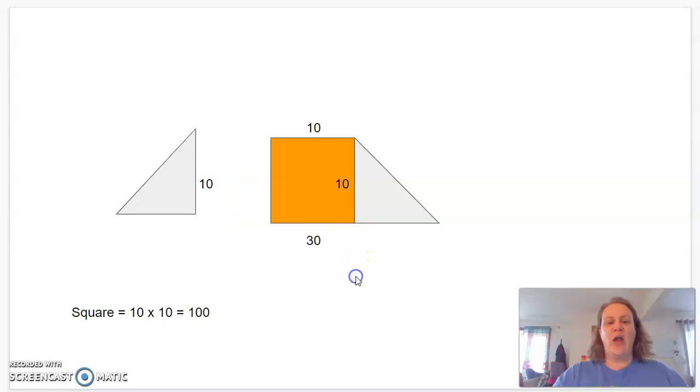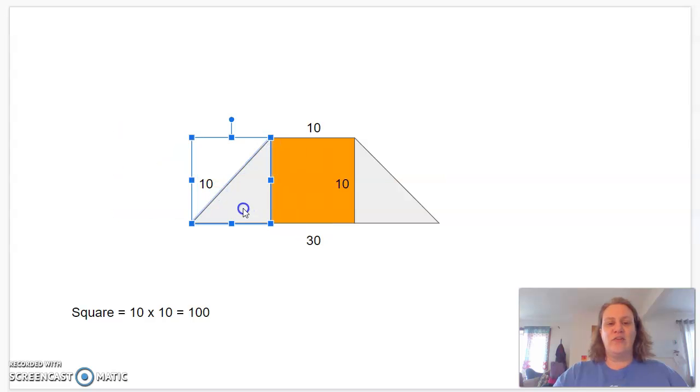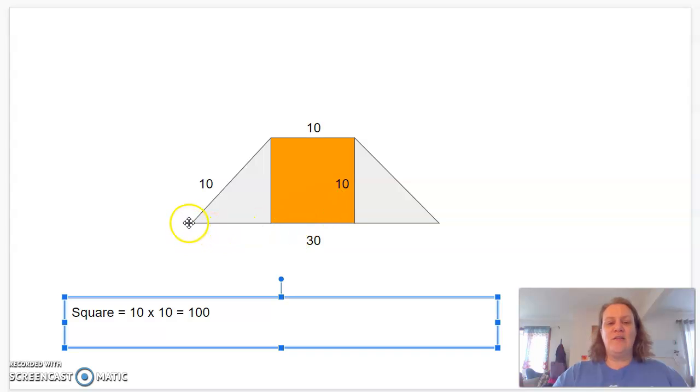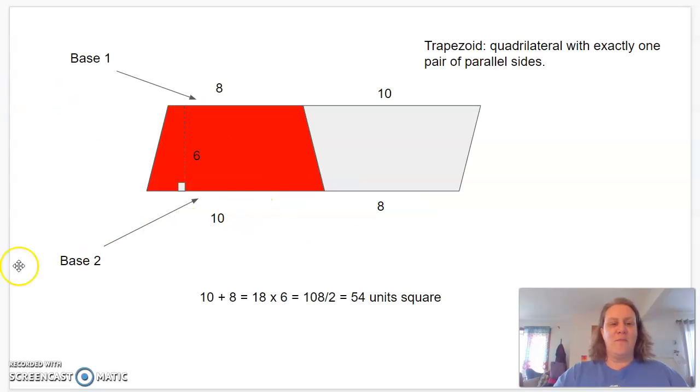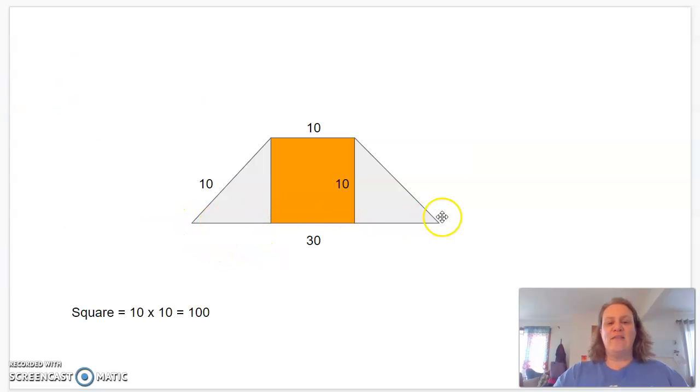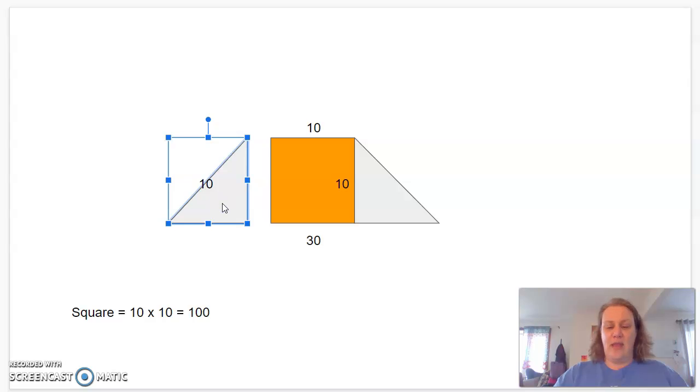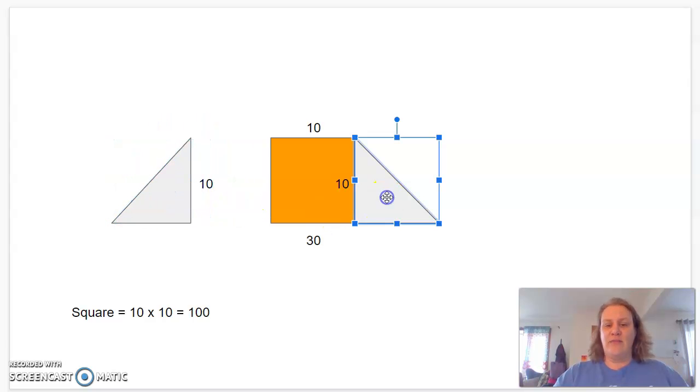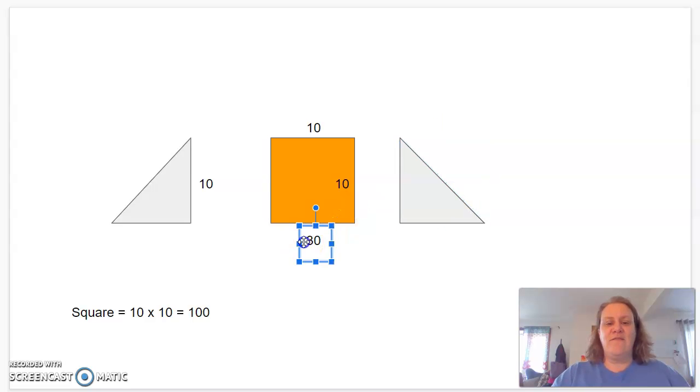And how can we figure out what the base of the triangle is? Well, if we put this triangle back over here next to the original square, so we can see our original trapezoid, you can see that this whole base, what we called back on this slide back here, the base 2, this whole base 2 is 30. Okay, and the base 1 up here at the top is 10. So if base 2 is 30 and we take a triangle away from here and this triangle away from here, instead of this being 30 now, we know that this length is the same as this length, so it's 10.